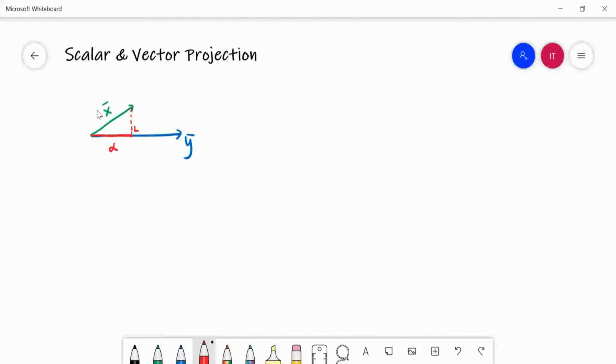And if we want to represent it as a vector, that is the result of vector projection, which here we name it P projection. To help with my explanation, we call this angle theta.